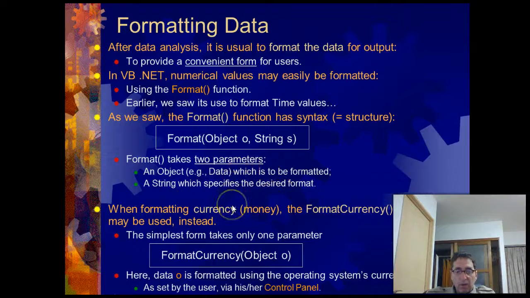When formatting currency, on the other hand, you can use this function, which is a little different. The format currency function can be used, and if you don't put any string on there, it's going to use the operating system's currency symbol. And you can change that in the control panel. So we have format like this, and we have format currency as well.